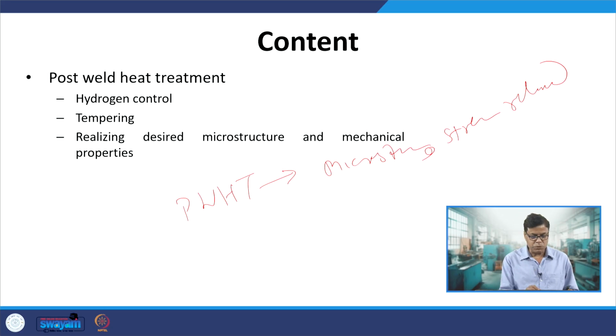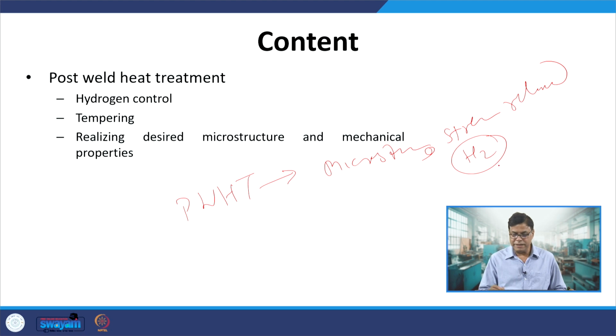And sometimes hydrogen gets dissolved during welding in certain welding processes. If the hydrogen is removed by heating below the lower critical temperature, then this hydrogen, which is beyond the solubility limit, will diffuse out. Diffusion of the hydrogen out helps in avoiding hydrogen induced cracking, cold cracking, and also helps in reducing hydrogen related embrittlement.